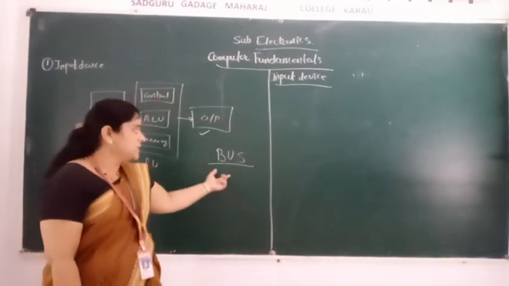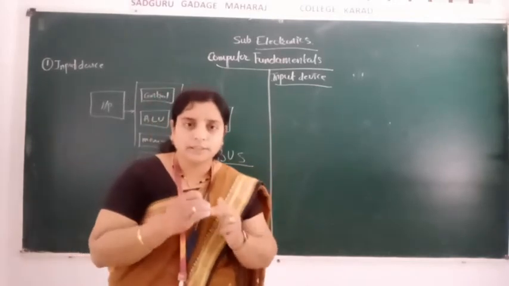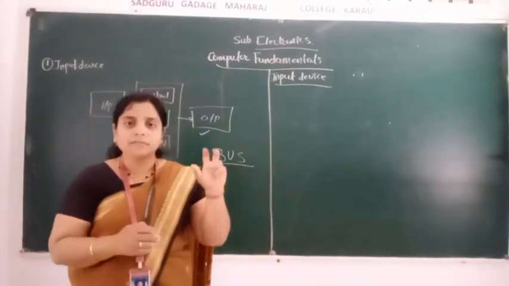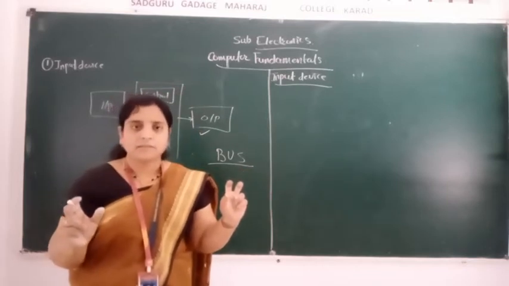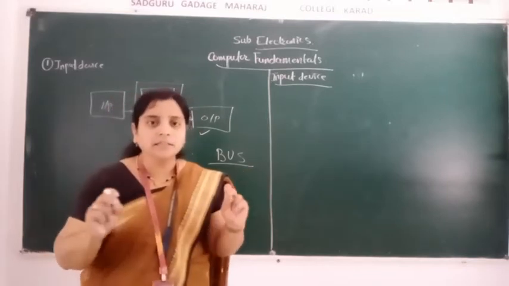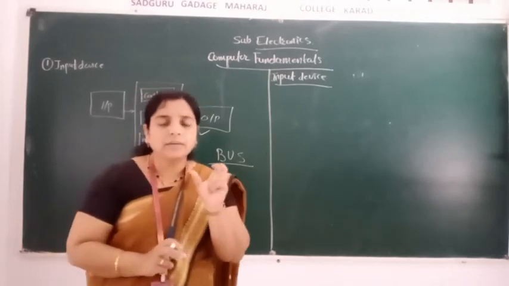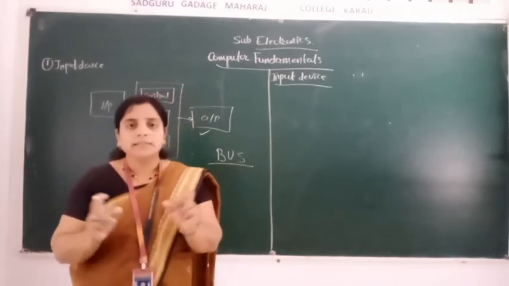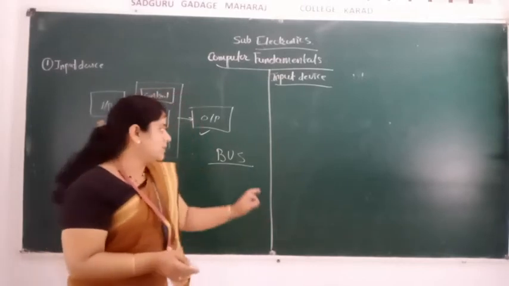Then which bus is this? Bus means communication between microprocessor and the peripherals. There is a cord, it is called the bus, by using which the peripherals can communicate with the microprocessor.